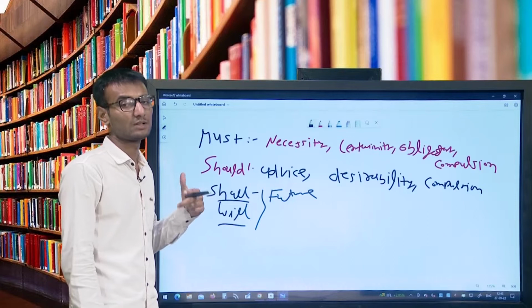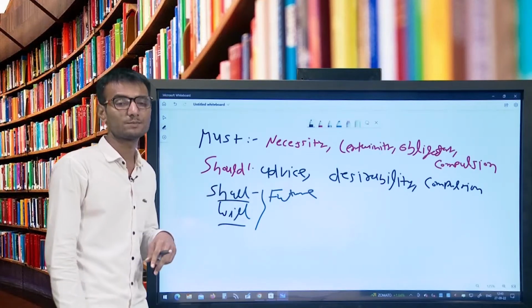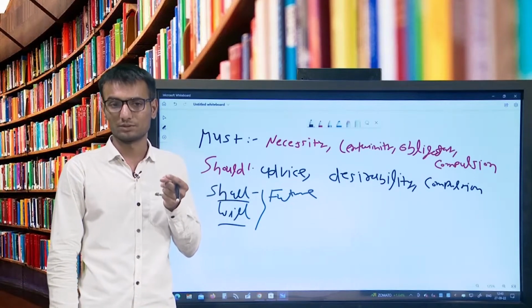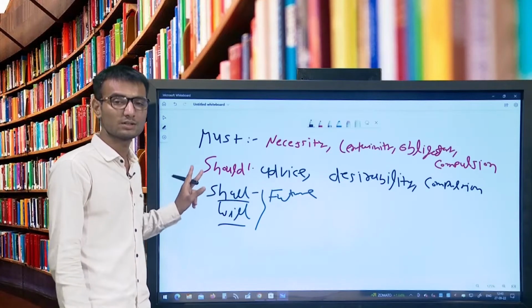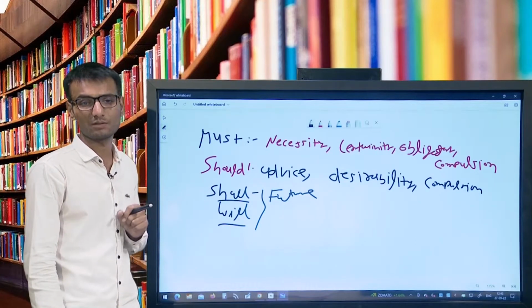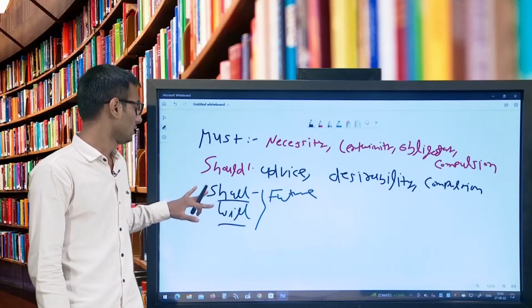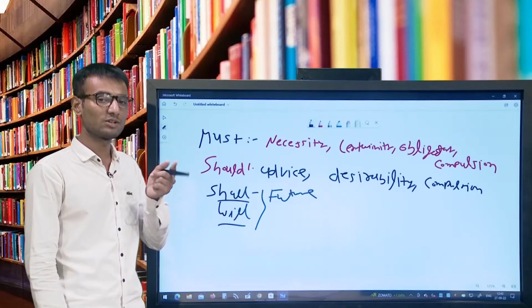Desirability means when something is needed, and what is used then? Should. So should means when we want to give someone advice, then should will be used. And what do we do with shall? When we convert it into indirect speech, then it becomes should. When we convert this particular verb shall into indirect speech, then it becomes should.